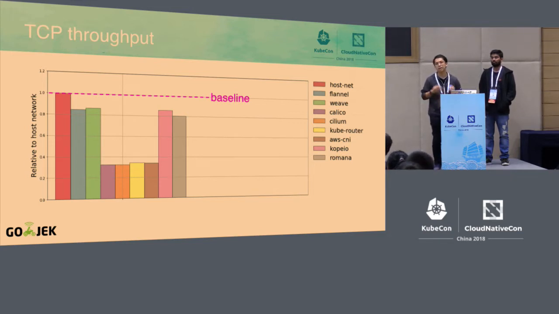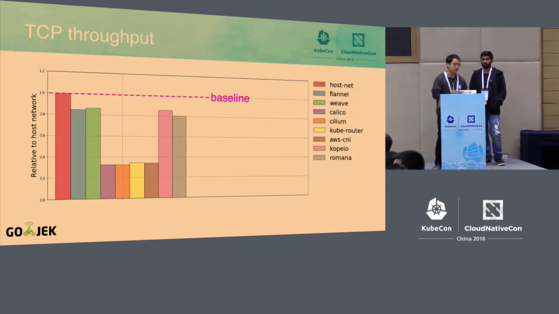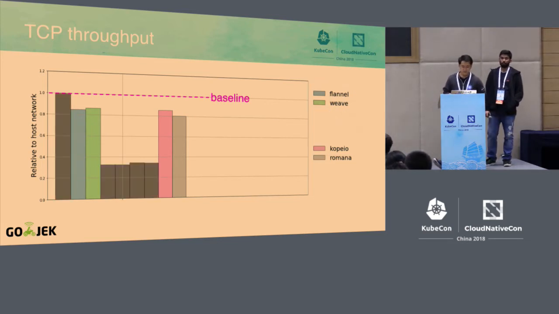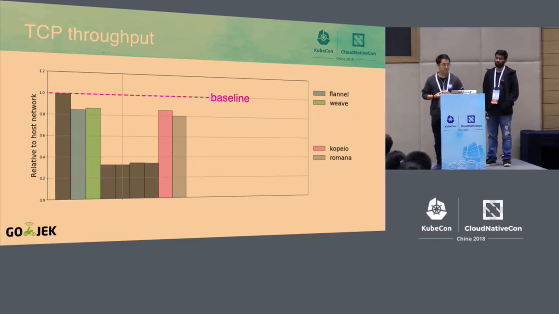Some of the CNI plugins do packet encapsulation or overlay networking. Some do routing, etc. Particularly for Flannel, Weave, Kope.io, Romana, they suffer throughput loss a bit less, around 15 to 20% here.